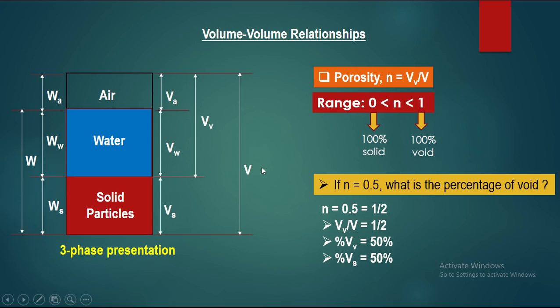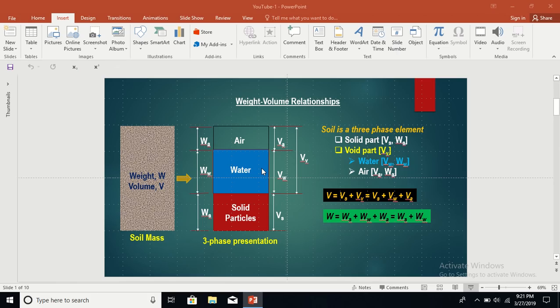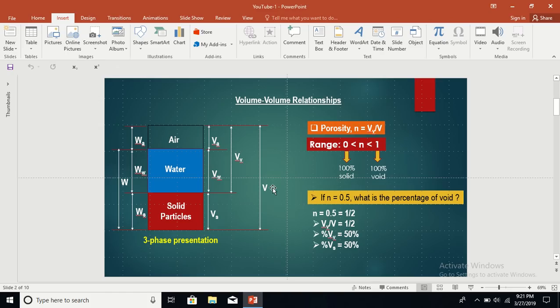So if you go back here, this would give you the total volume equal to 2, right? And the volume of void is equal to 1. That is the meaning of porosity equal to 0.5, right?